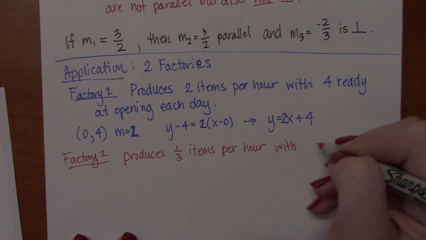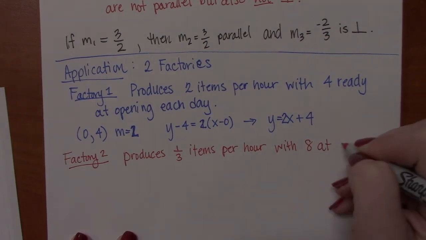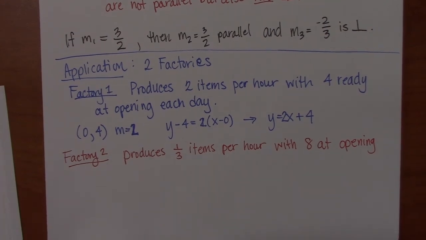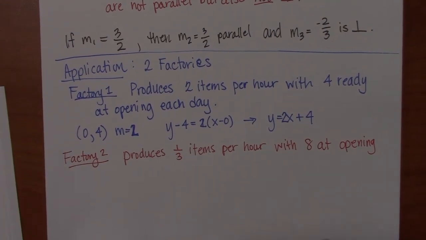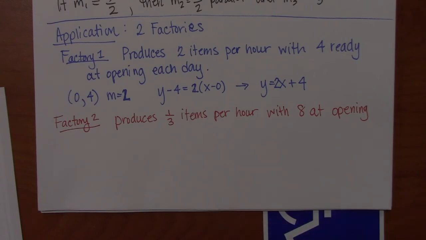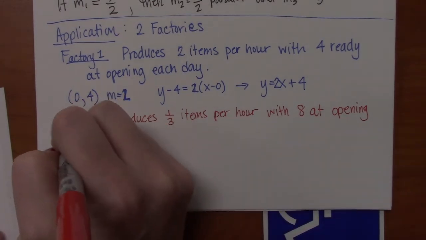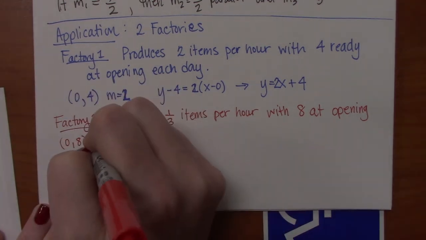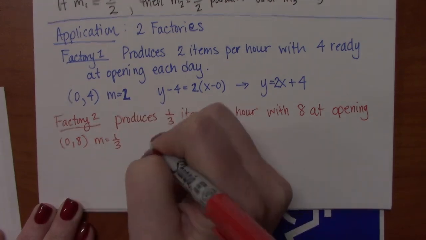But since this is slower, we have 8 ready at opening each day. So the initial amount is going to be our initial value at 0, which is 8, and our slope is 1/3.